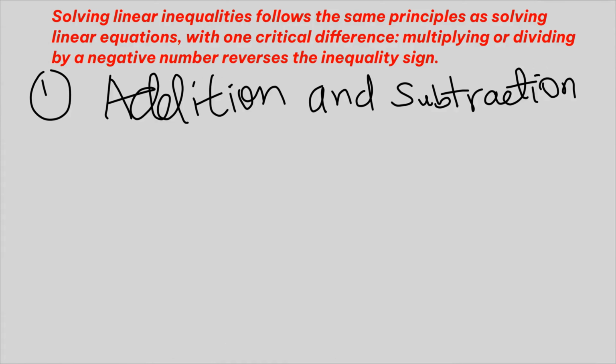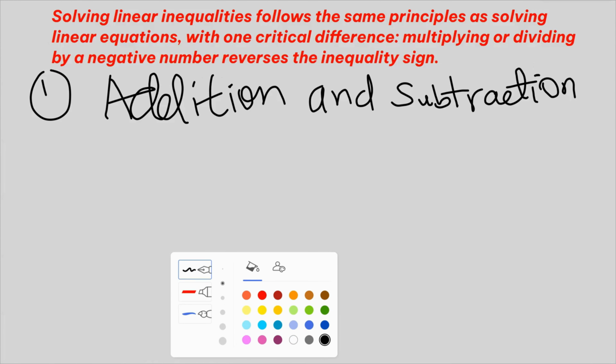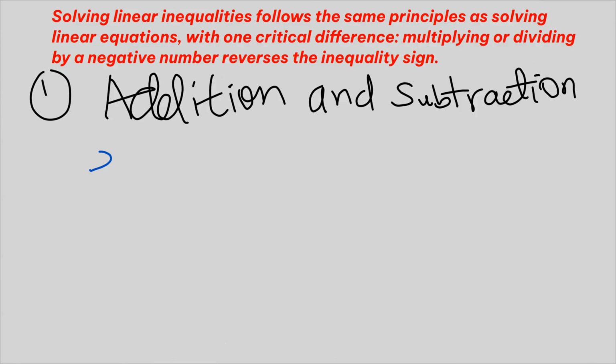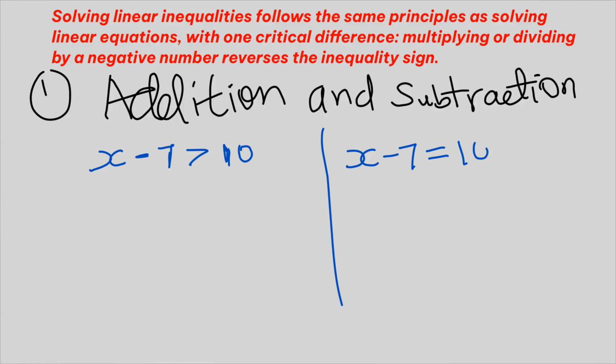Addition and subtraction. So let's look at a very simple example. If you have x minus 7 is greater than 10. For a normal linear equation, we'll have something like x minus 7 equals 10.